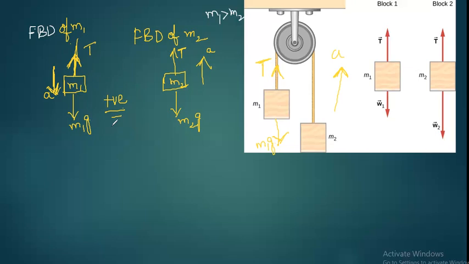Let us take that and write the equation. Whenever you take any system, we have to take the total forces acting on the system. According to Newton's second law of motion, F net is equal to m into a. No doubt we know this.